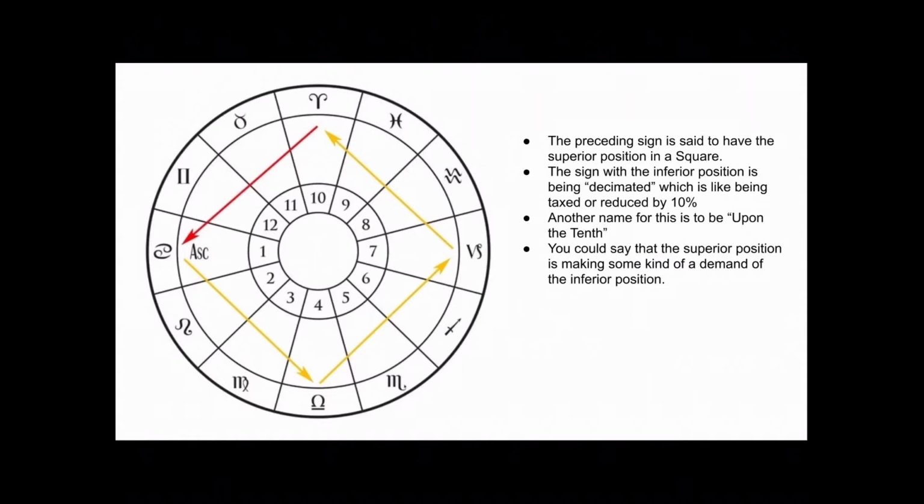You've been decimated when you've been reduced by a tenth. It could also mean to be taxed or something like that. You've earned so much, but then you're kind of cranky because you get taxed, whatever. But this is more of an uphill battle, right? It's not an even playing ground.